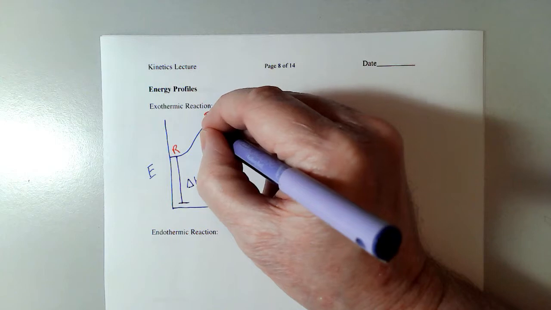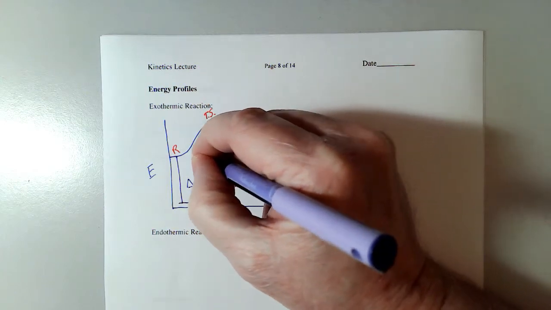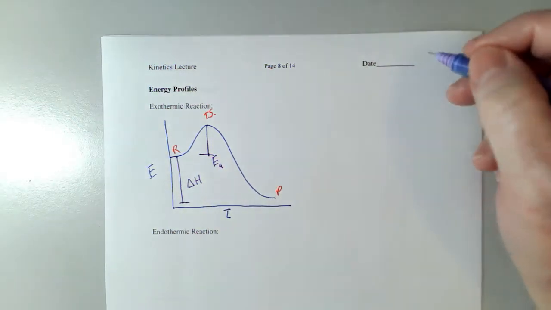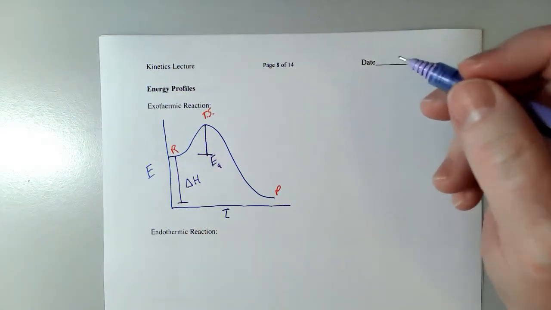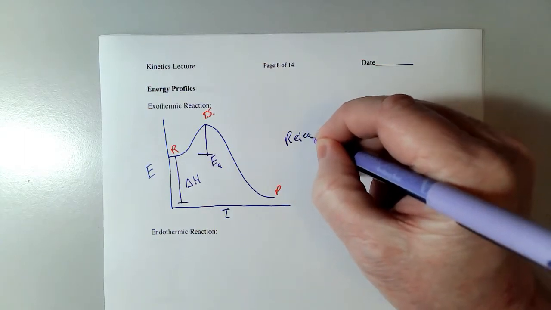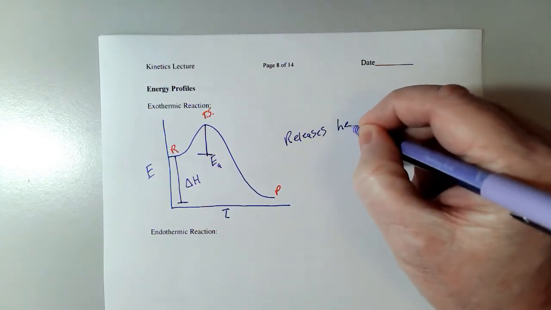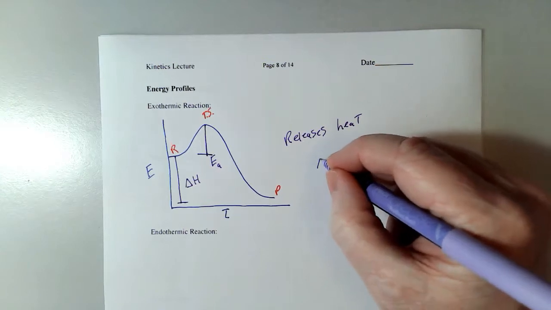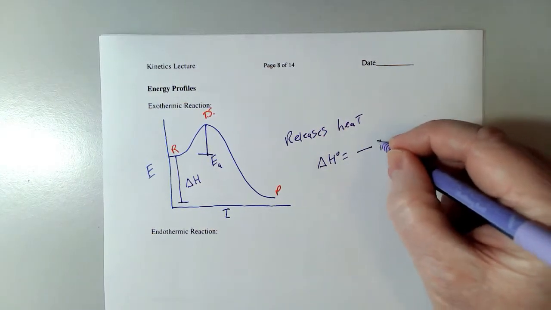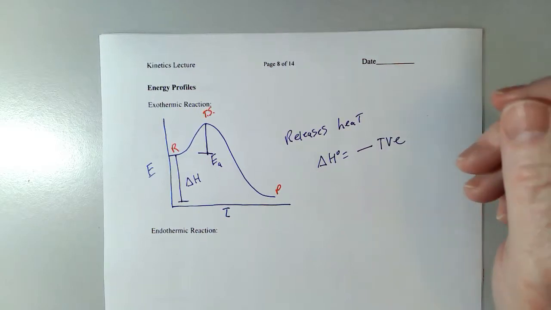And the difference between the reactants and the transition state is the activation energy, or E sub A. Now, in this case, this releases heat. This is an exothermic reaction. Delta H naught equals a negative number.